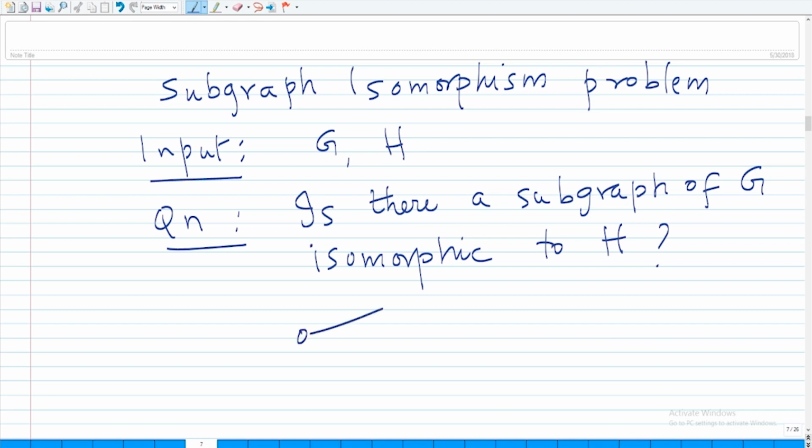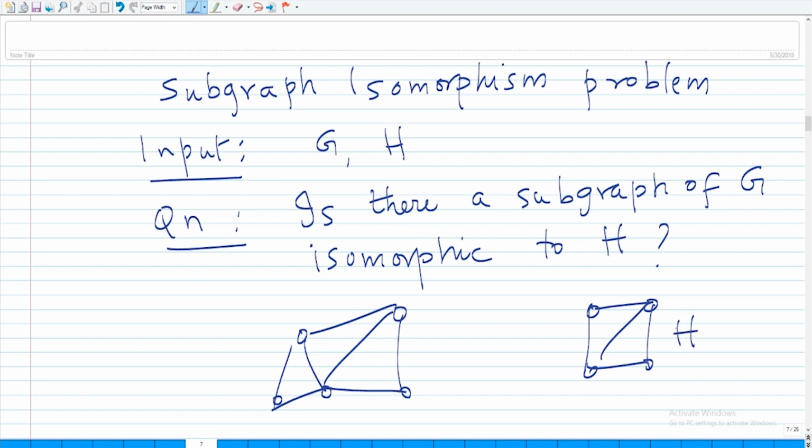Okay, so if I ask you, this is my H, and if this is my G, and I ask, is there a subgraph of G which is isomorphic to H, is the answer yes or no here?